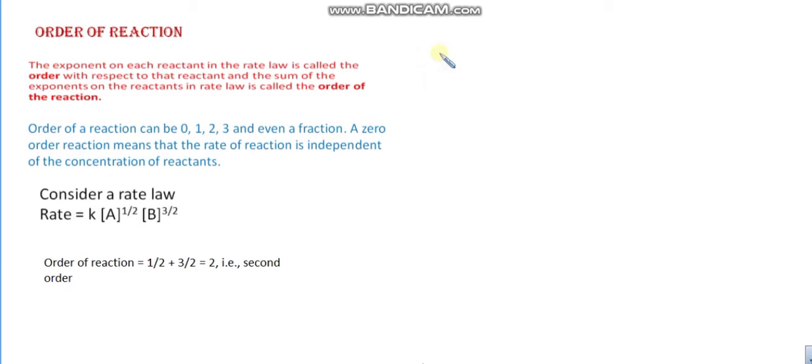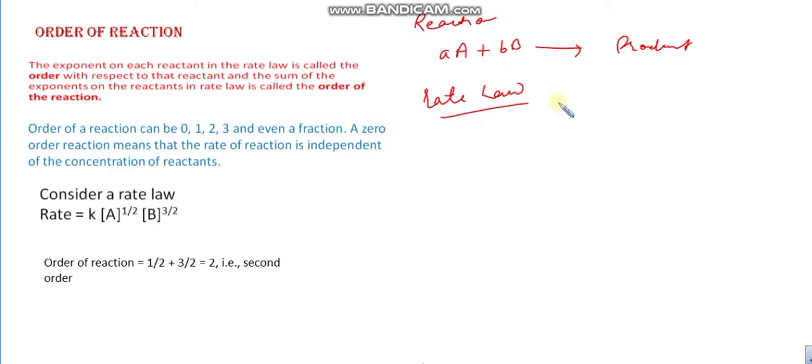Suppose we have aA plus bB giving product. This is a reaction, and what is its rate law? As per the rate law, or the law of chemical equilibrium, rate is directly proportional to the concentration of A to the power a and the concentration of B to the power b, and rate is equal to some constant times this value.